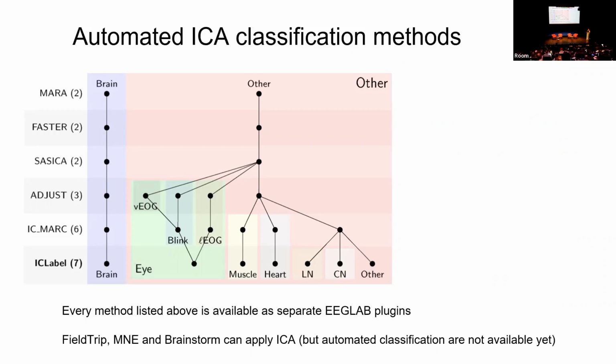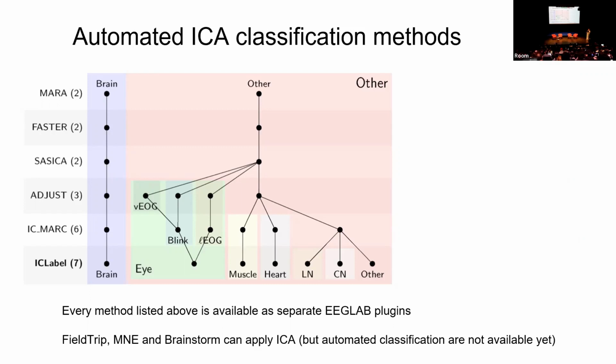I think ICLabel is the only one that can classify brain components and also the other artifact components. And you can try all those methods, they're all implemented in EEGLAB, so they're all EEGLAB plugins.